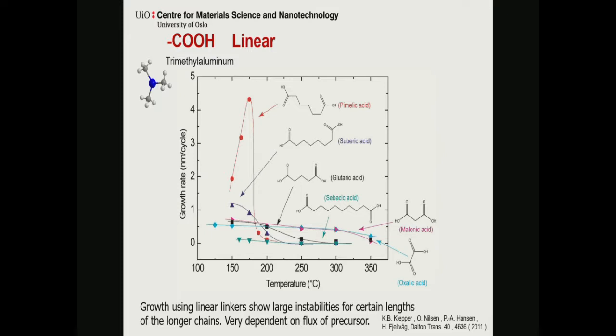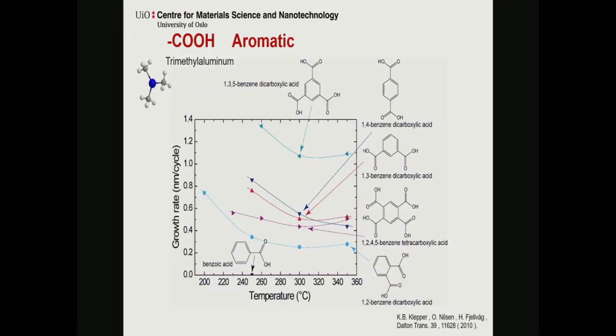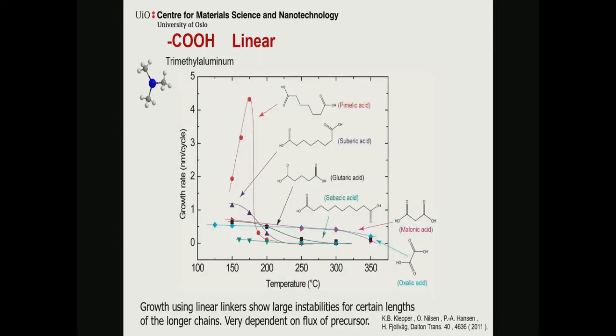But still, let's look a bit more into what we find here. Let's not choose the pimelic acid, because that was a bit more difficult to work with. Let's choose, for instance, the glutaric acid, which has this strange shape, and look a bit more into the saturation of that. So for a comparison, these were the curves for the aromatic, and this is then for the linear.